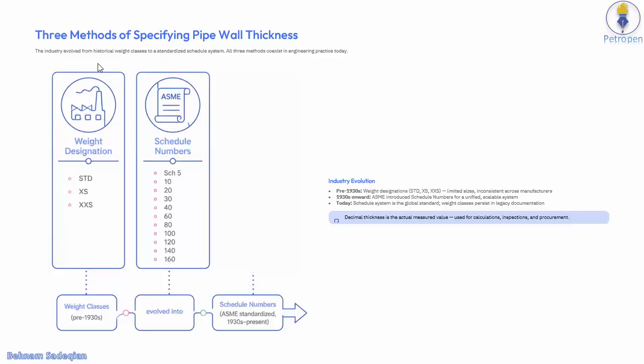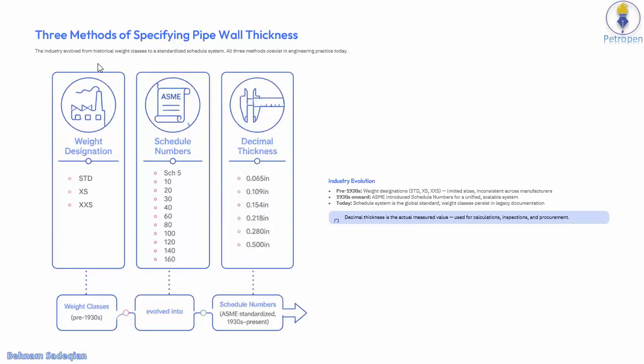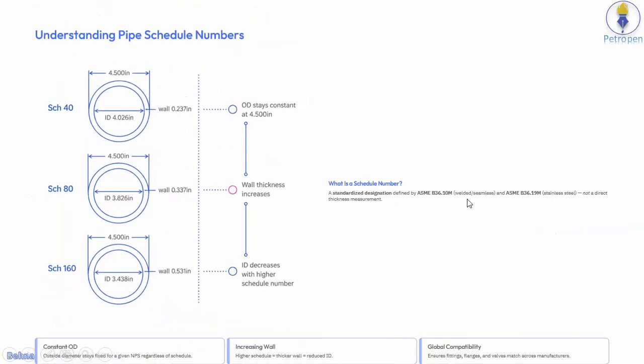Finally, engineers often use the actual decimal wall thickness, expressed in inches or millimeters, for design calculations, inspections, manufacturing, and procurement. Although all three systems are still encountered in engineering practice, the schedule system has become the international standard.